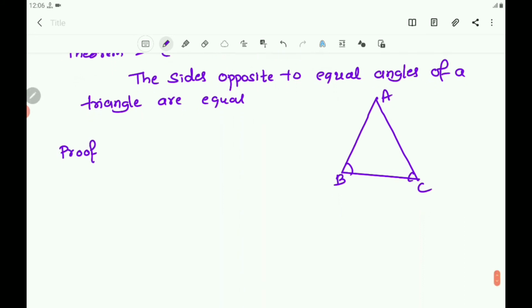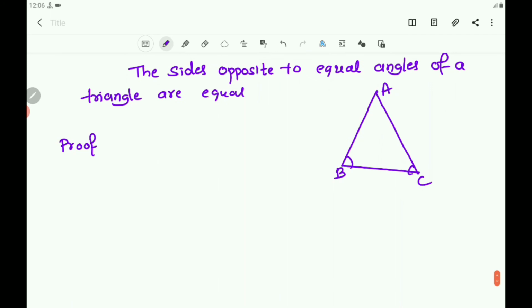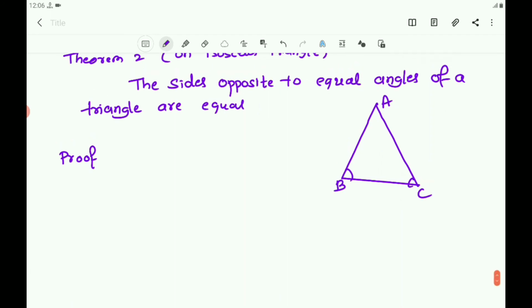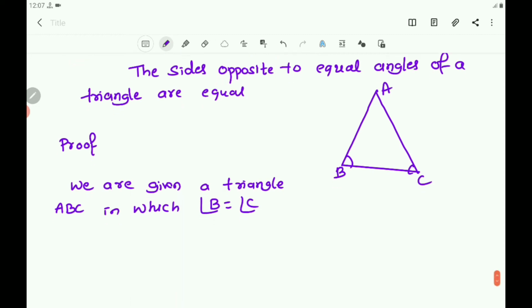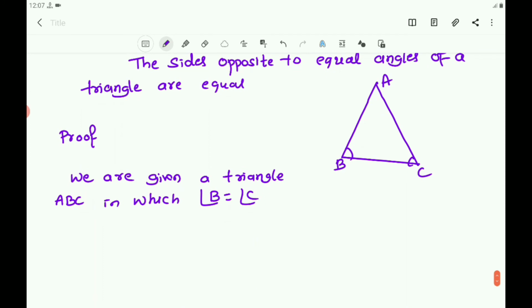Proof of the theorem. What is given? Note down that first. We are given a triangle ABC in which angle B equals angle C. What we have to prove?